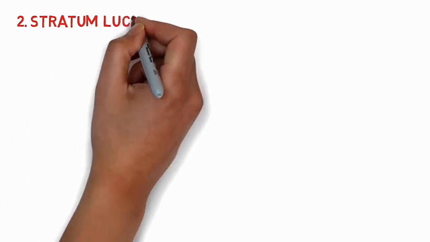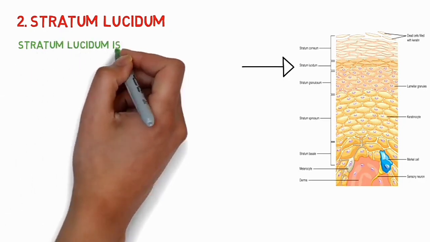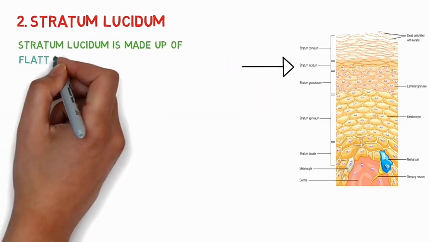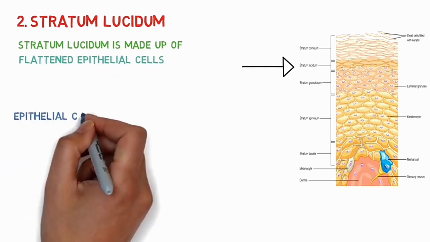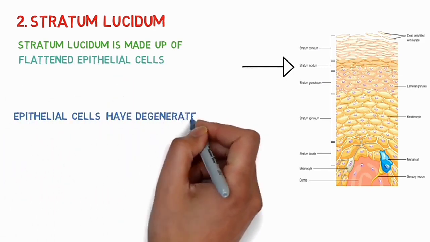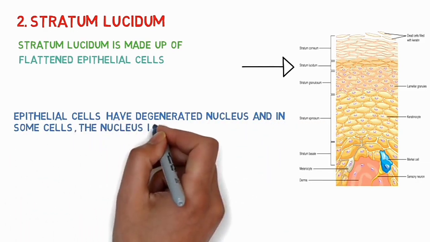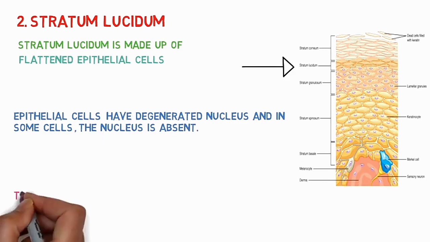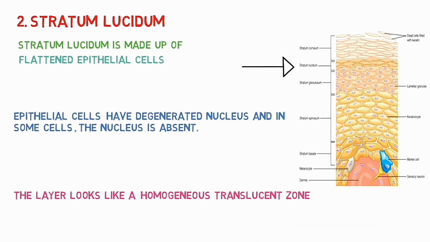Now, second, stratum lucidum. Stratum lucidum is made up of flattened epithelial cells. Epithelial cells have degenerated nucleus, and in some cells the nucleus is absent. The layer looks like a homogeneous translucent zone.